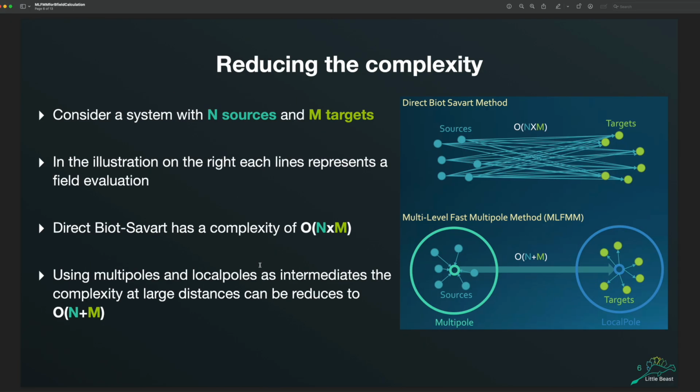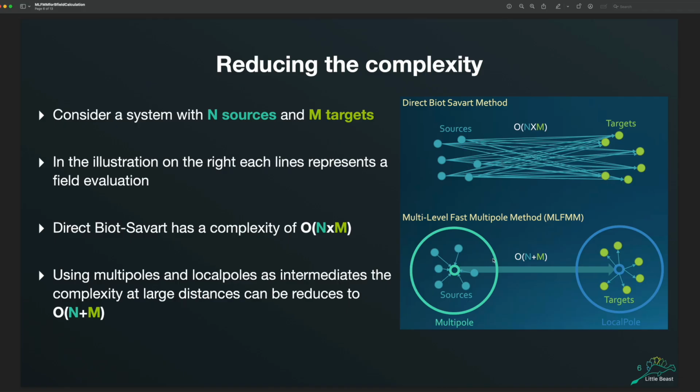So how does this reduce the complexity of your calculation? Well, basically, if you consider a system with n sources and m targets, if you do the direct Biot-Savart method, you will have to calculate the field from each source on each target. And so you need to do n times m calculations. And that's represented in this illustration. Direct Biot-Savart, therefore, has n times n complexity.